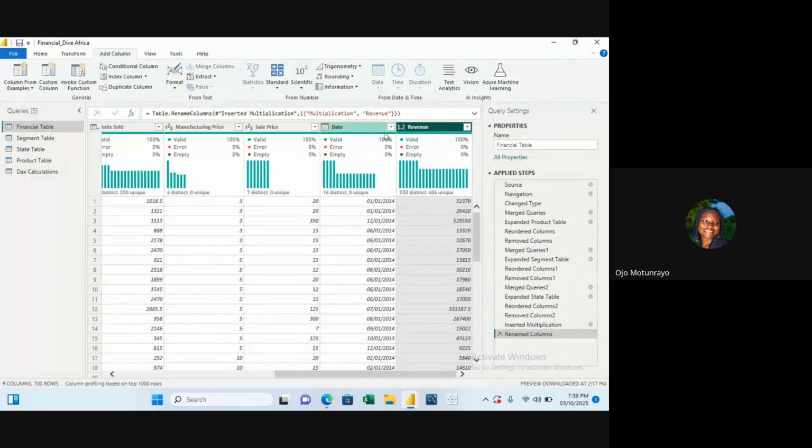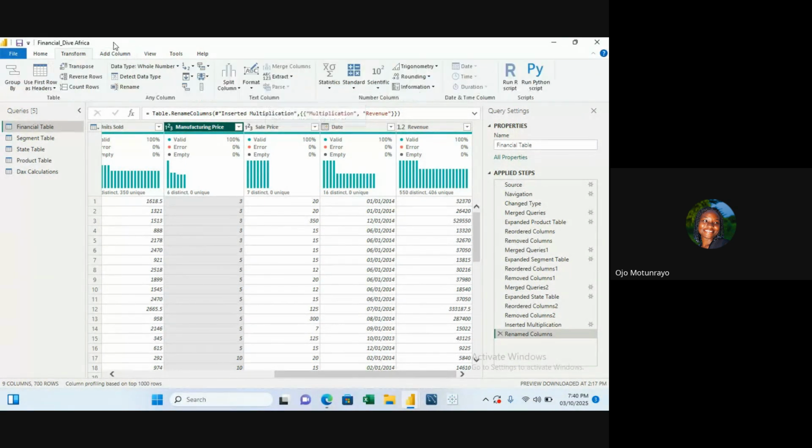So let's create another one before we leave here. We want to actually get the manufacturing cost. To get the manufacturing cost, that is manufacturing price times unit sold. So let's highlight our manufacturing price. Make sure you are under add column.